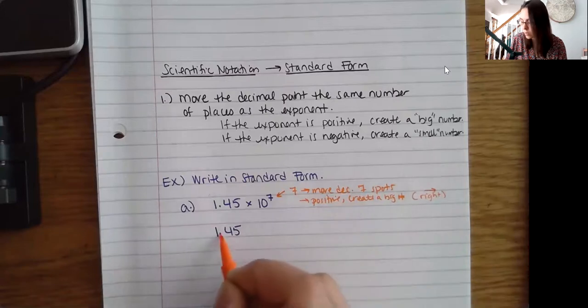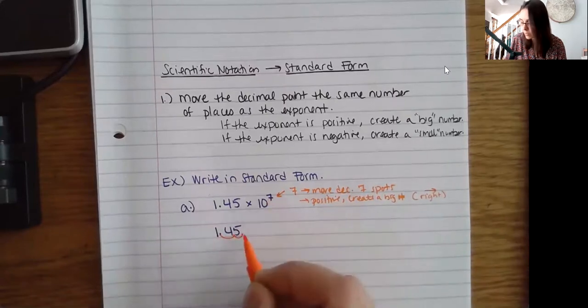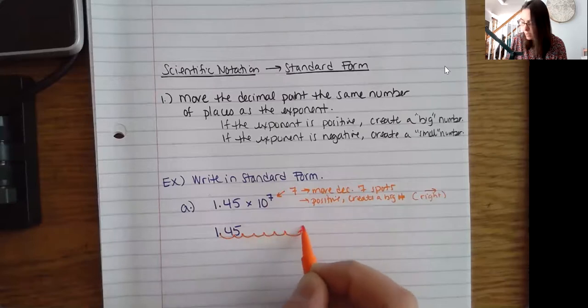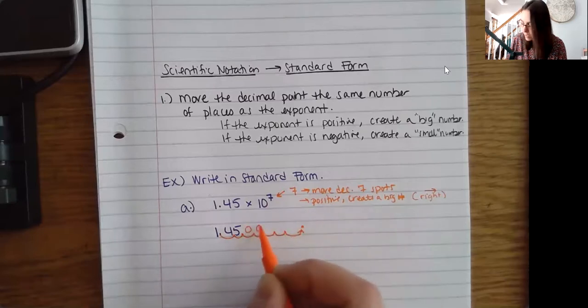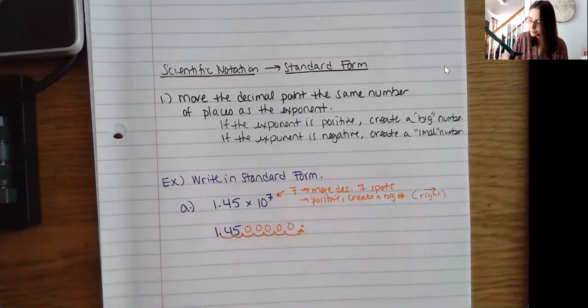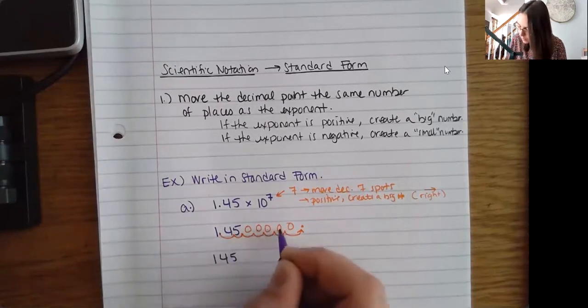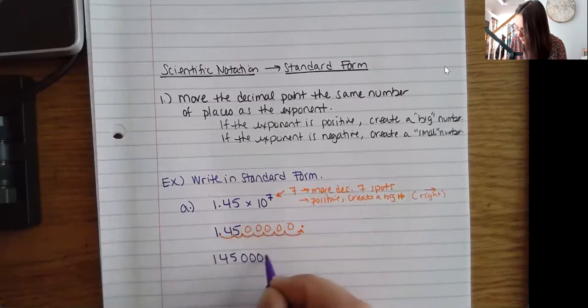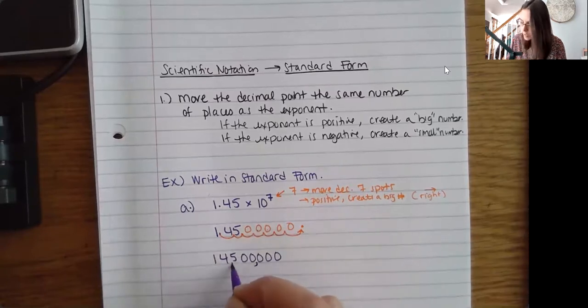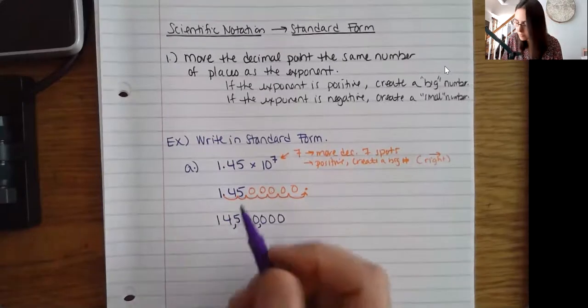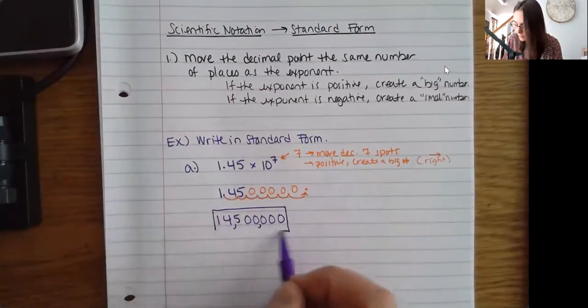So I go 1, 2, and then I need 7: 3, 4, 5, 6, 7. Then we fill in any holes with zeros. 1, 2, 3, 4, 5. So this number is 14,500,000.